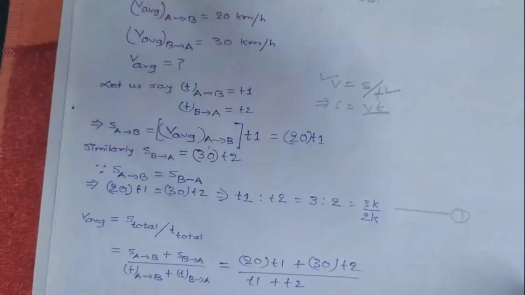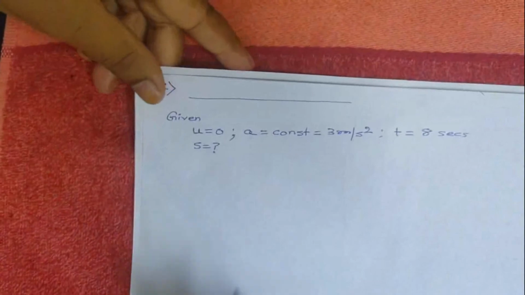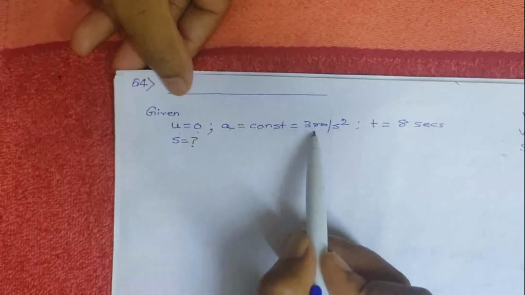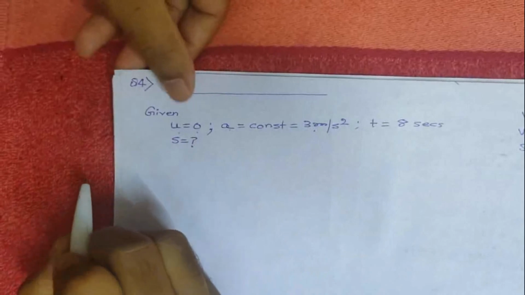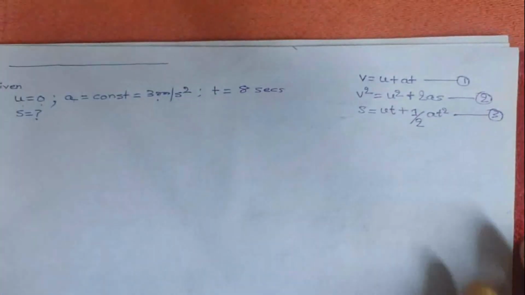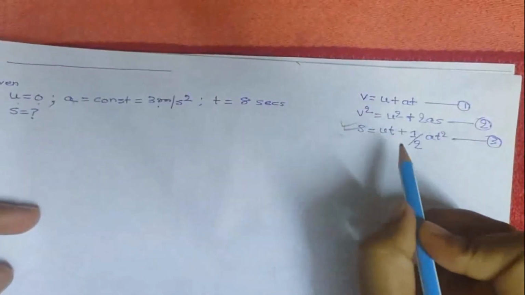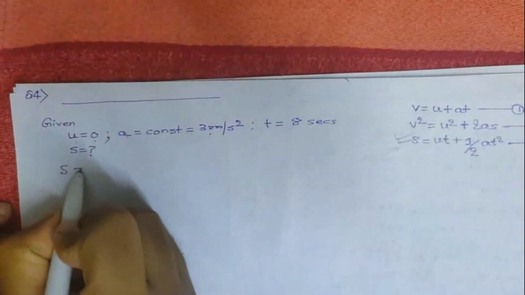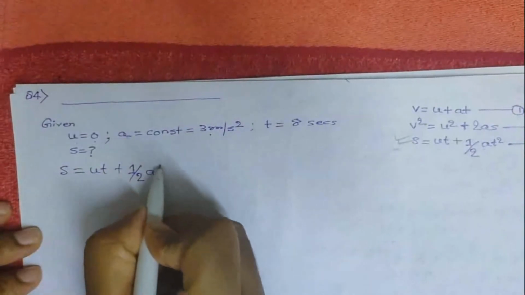This is a very simple problem. So let us see what values are available to us. This is the straight line motion. Initial speed 0, acceleration is given, 3 meter per second square, time duration is given, and we are asked to calculate distance traveled. So which formula can we use? From this 3, we can go for this one. We do have u, t, a. Let us apply that. So S equal to UT plus half AT square.